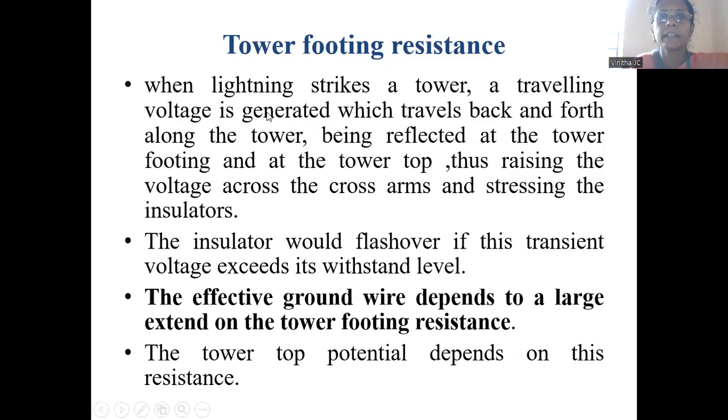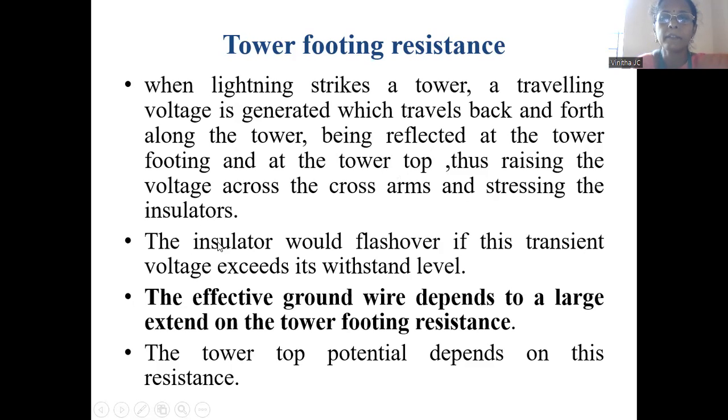When lightning strikes the transmission tower, a traveling voltage is generated, which travels back and forth along the tower, and these waves may be reflected or refracted at the tower footing and at the tower top, thus raising the voltage across the cross arms and stressing the insulator.